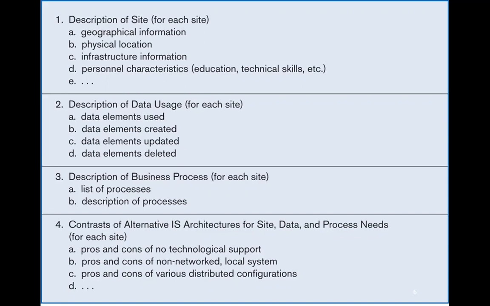So when we have this document, these are all the types of information that we need to consider when implementing a system. We'll talk about some of these a little bit later on.